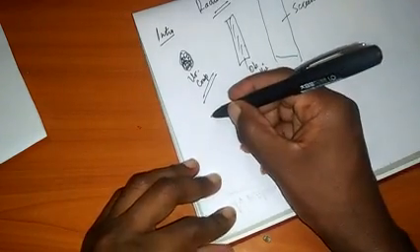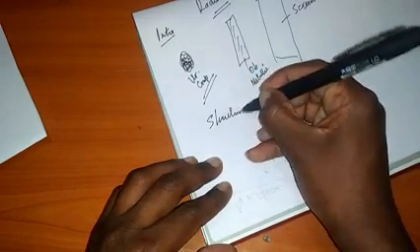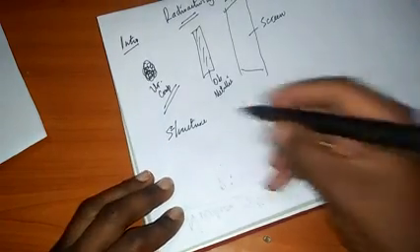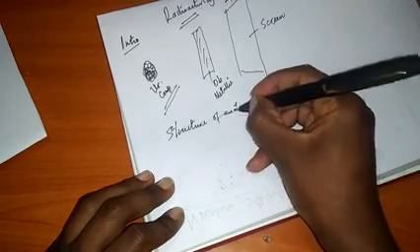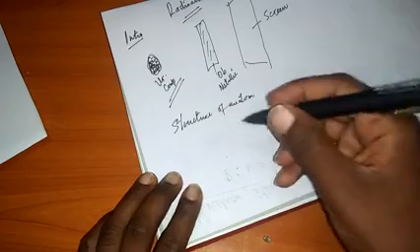We start with the structure of an atom now. An atom is made up of 3 types of particles.